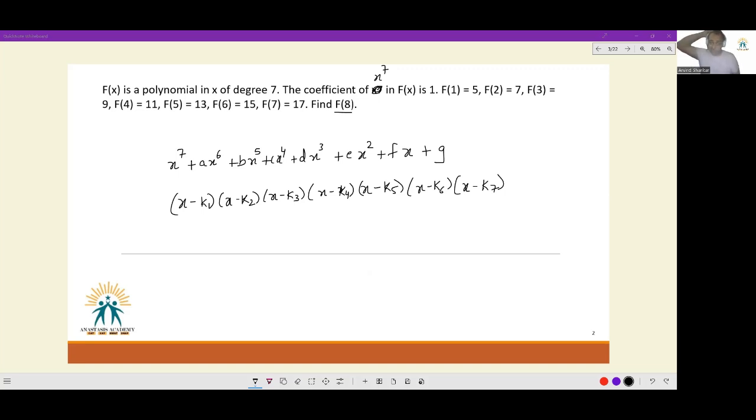But understand, when you read this subsequent portion of the question, f(1) is equal to 5, f(2) is equal to 7, f(3) is equal to 9, f(4) is equal to 11, f(5) is equal to 13, f(6) is equal to 15, f(7) is equal to 17.